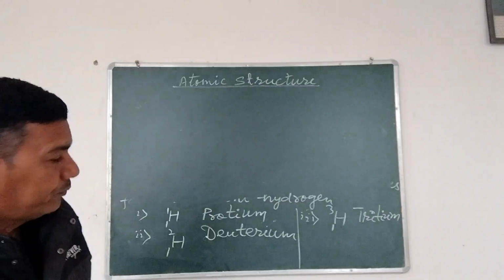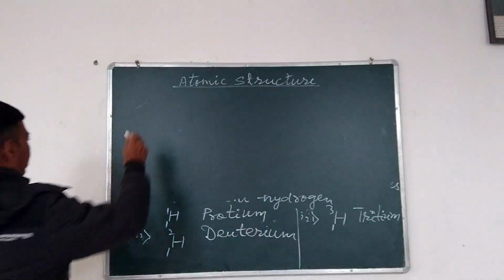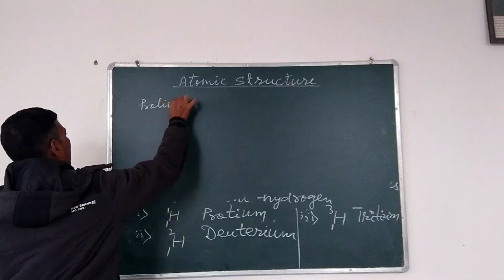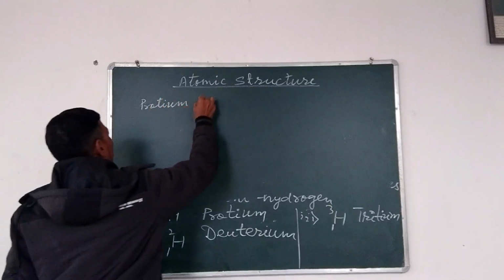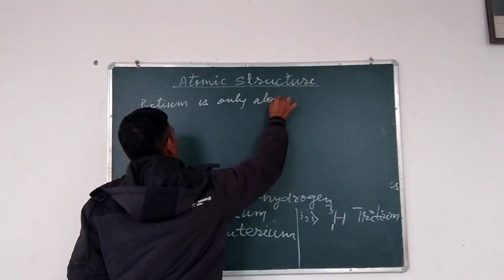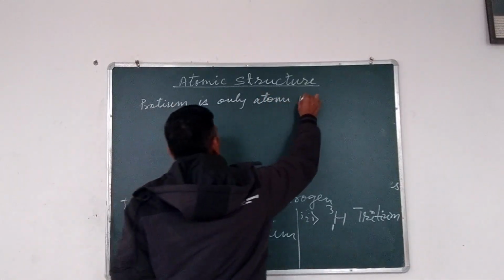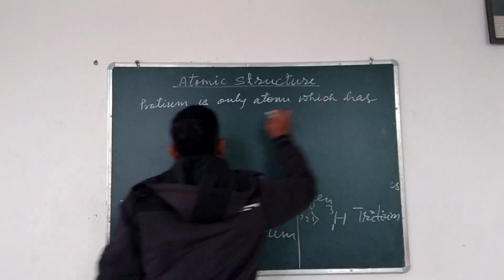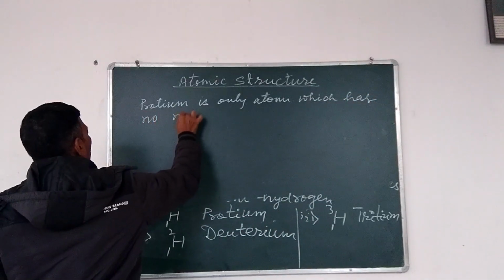We must know that protium is the only atom which has no neutron.